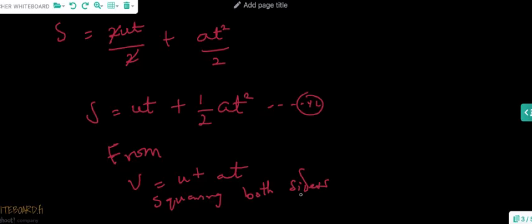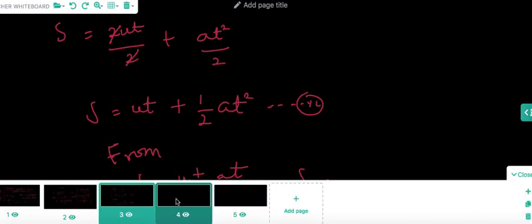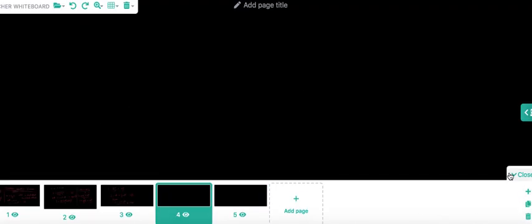So what do we have? Let's go to the next slide. Squaring both sides, I'm going to have v square equals bracket u plus at, all square.